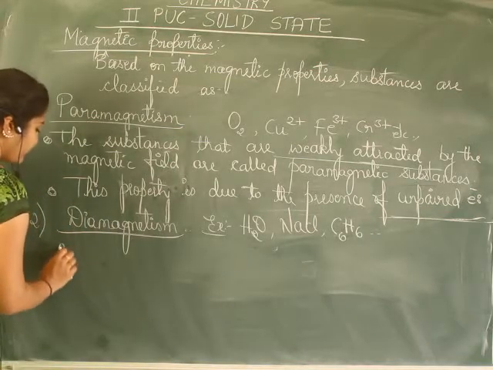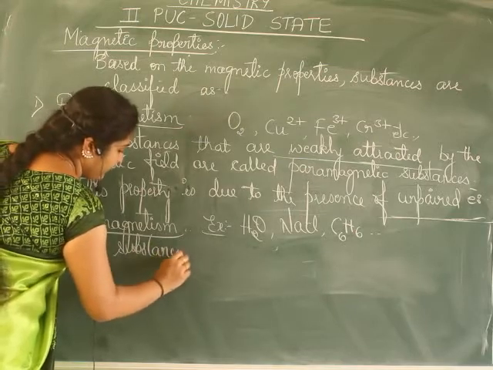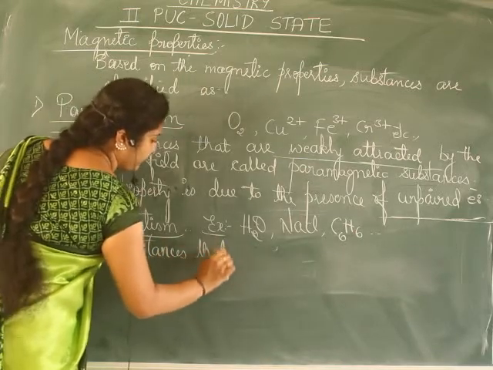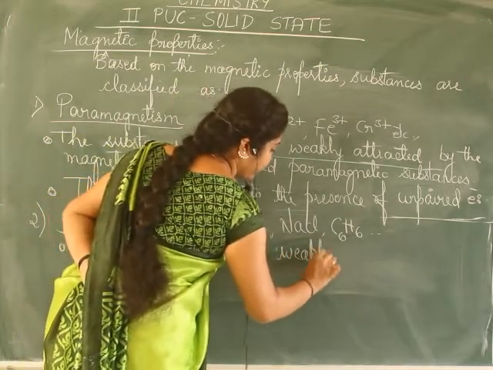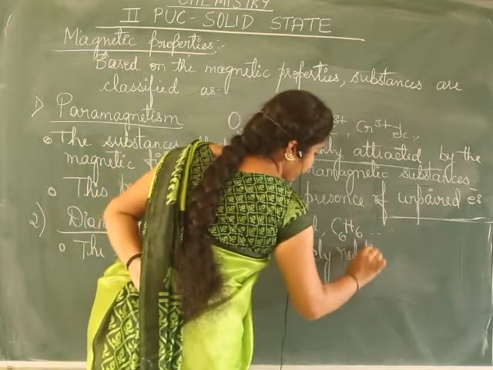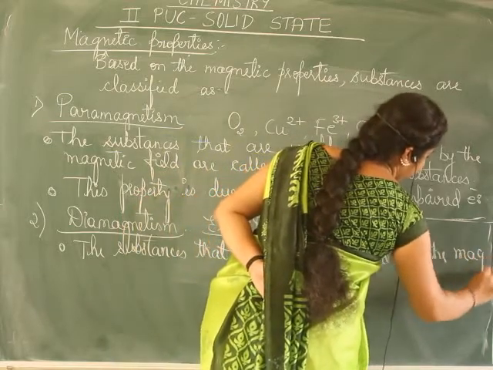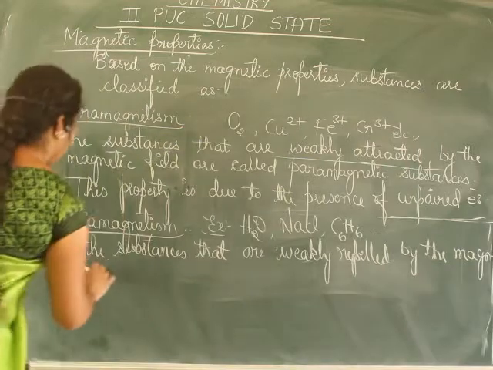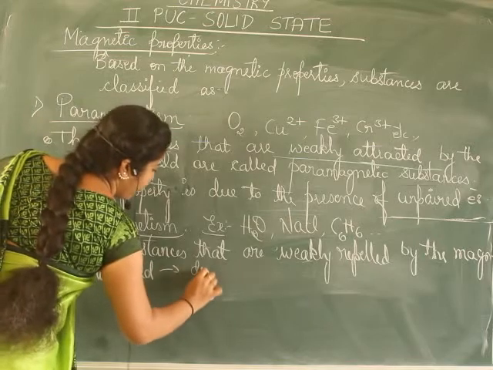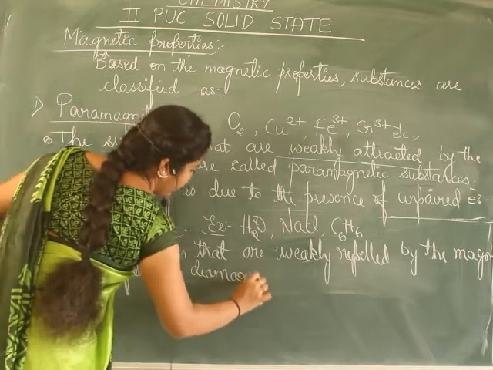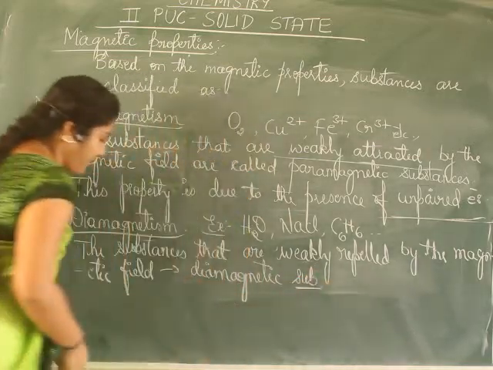So we say the substances that are weakly repelled by the magnetic field are called diamagnetic substances.